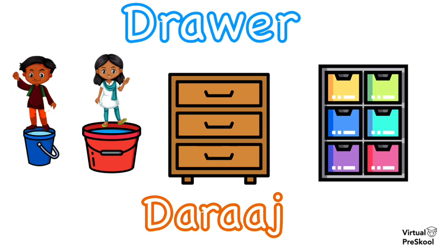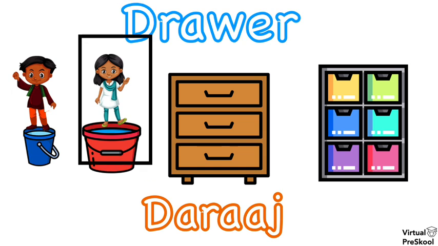What about drawer? Daraj. It doesn't end with a and it doesn't end with e, so which bucket should it go in? According to the rules, it should go in the boy bucket, the pul bucket. But this is another exception to the rules. Daraj is a stri noun.